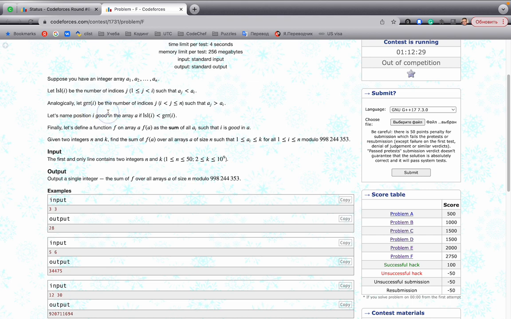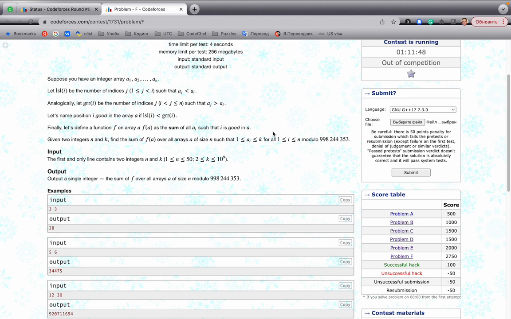The position i is good if the number of elements before it that are strictly greater is greater than the number of elements before it that are strictly smaller than ai, and fi is the sum of all elements such that their index is good. And now for given n and k, where n is up to 50 and k is very big, we want to find the sum of f(a) over all arrays in which all the elements are integers from 1 to k.